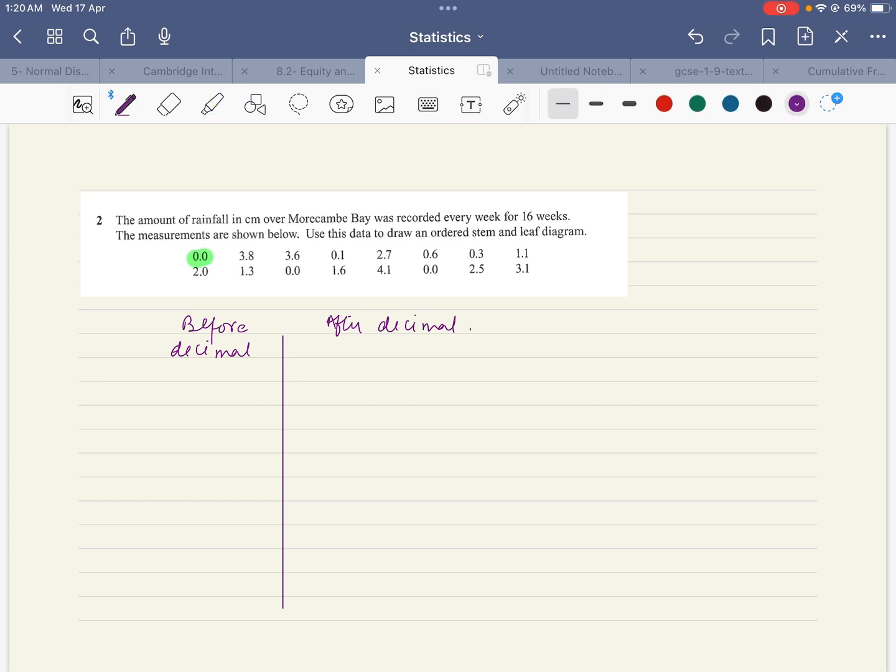So the smallest number here is 0.0, minimum is 0.0 and maximum is 4.1. Maximum is 4.1. So we will write 0, 1, 2, 3, 4.